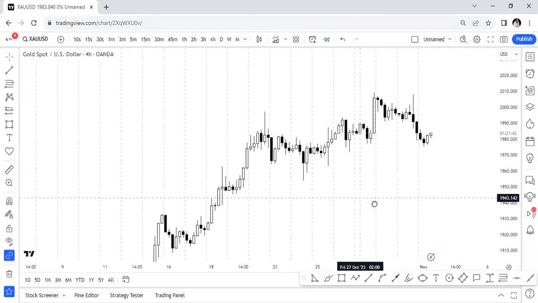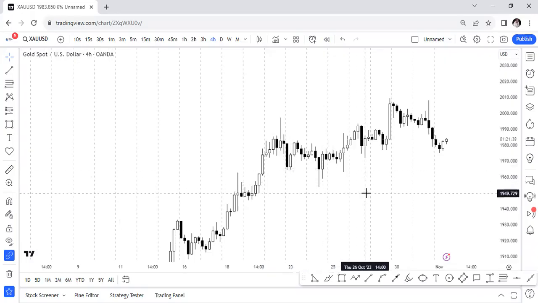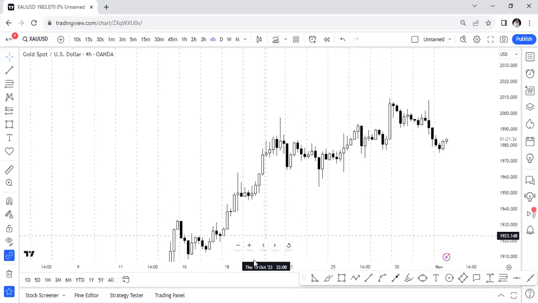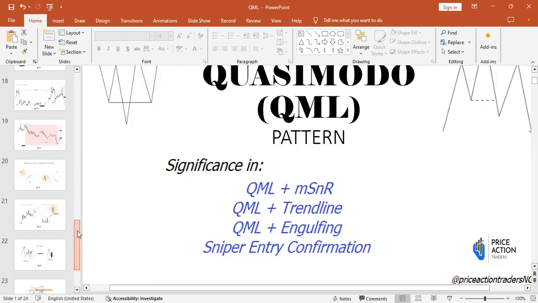For example, this is a gap. I'm trying to expose you to so many things here.